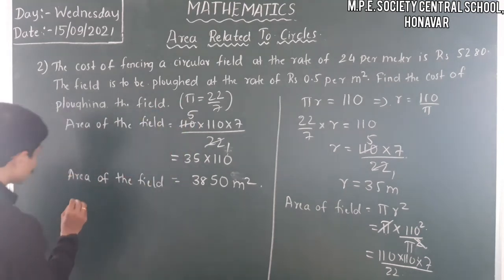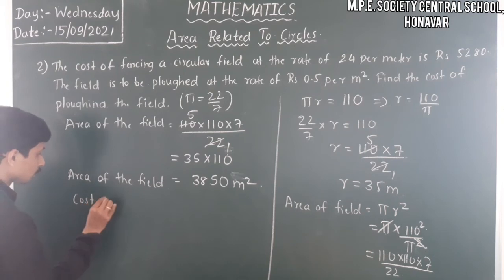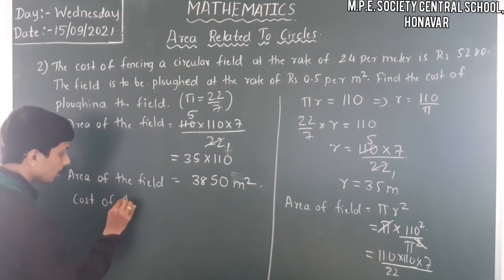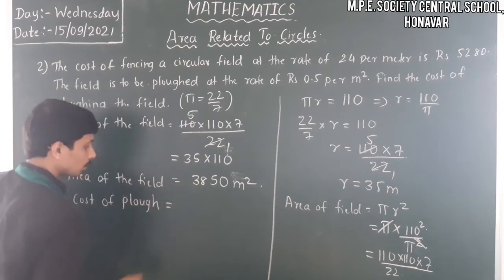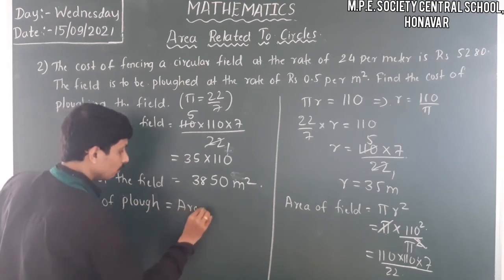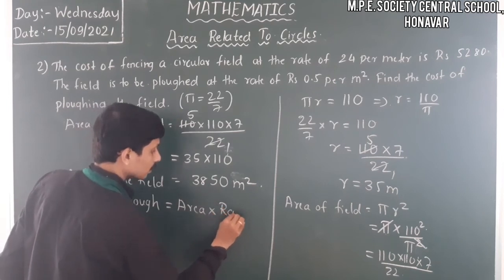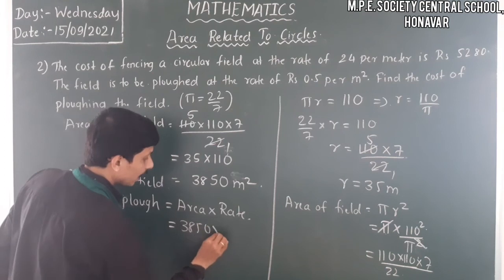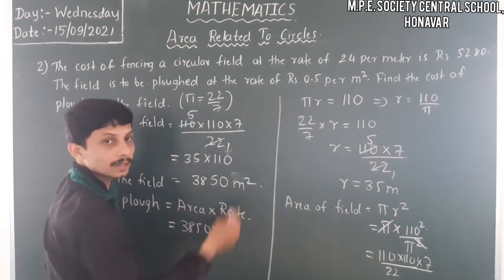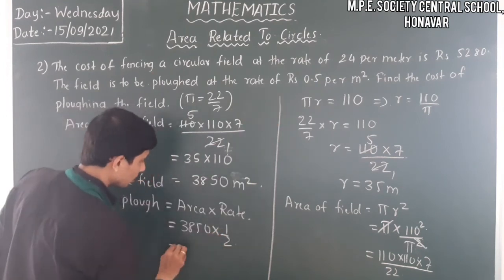That is, the cost for flow is equal to area into rate. What is the area here? 3850, and rate is 0.5, so I am writing 1 by 2.